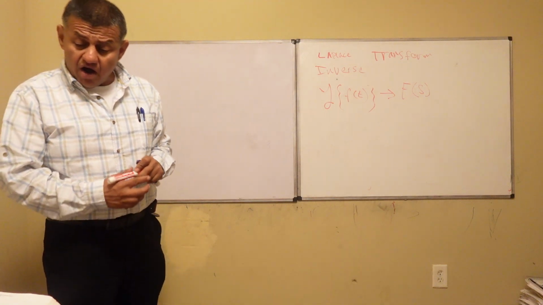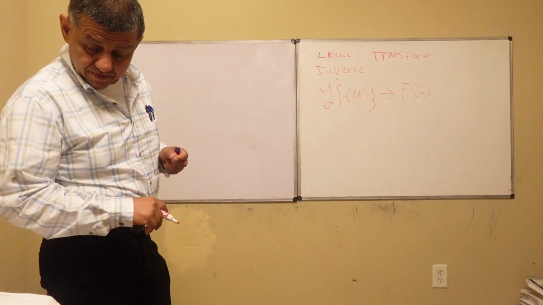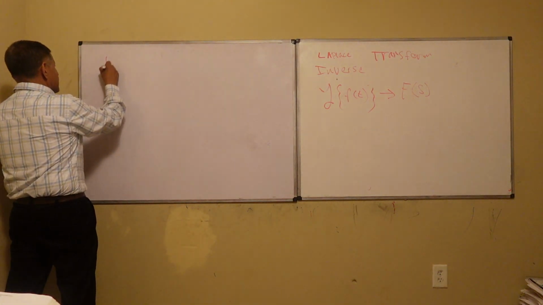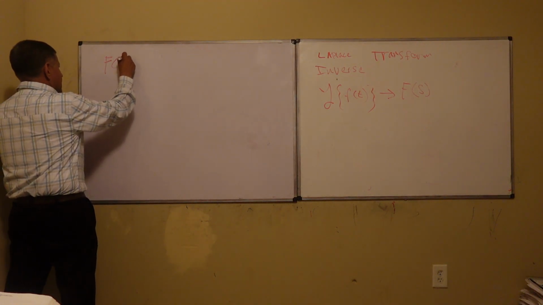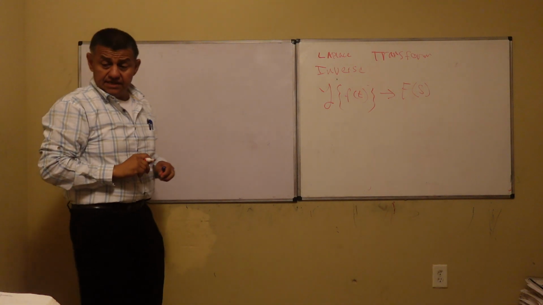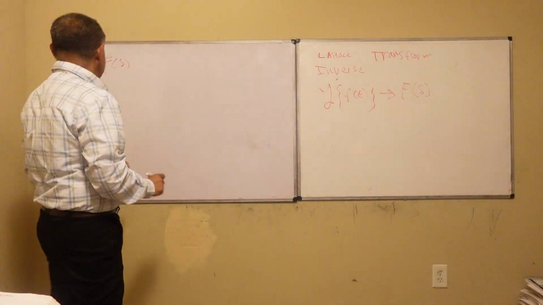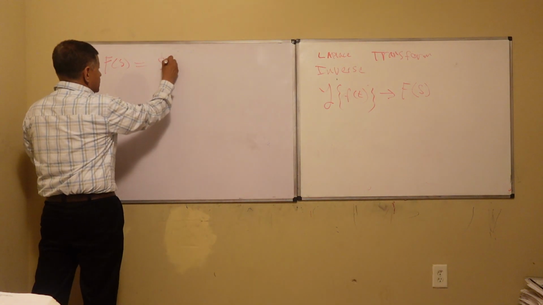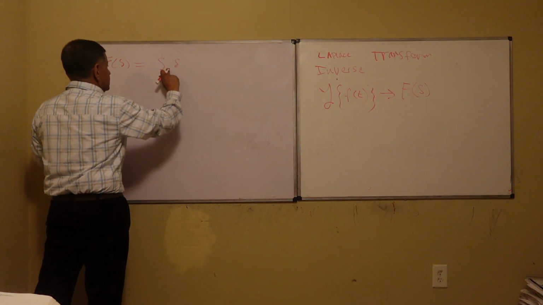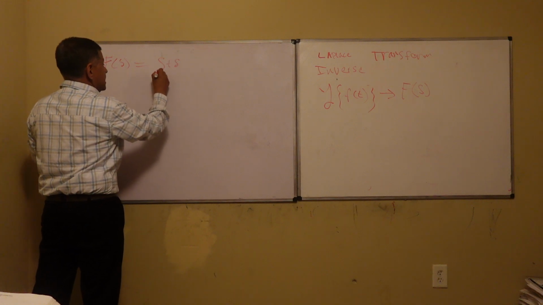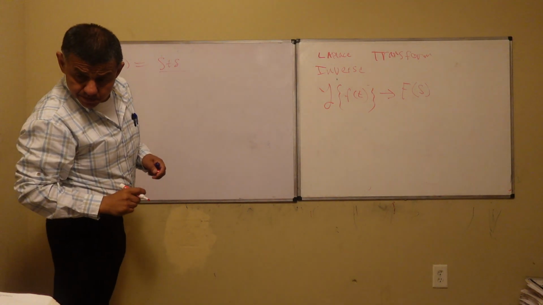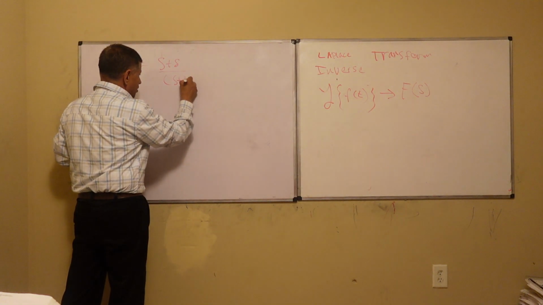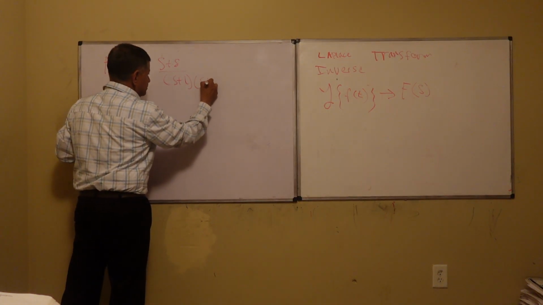So we will be doing a problem where F of s, which is capital S, is going to be s plus 8 over s plus 1 times s plus 7.